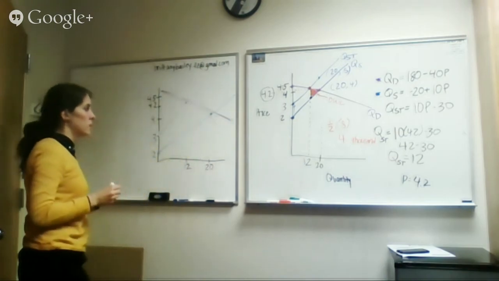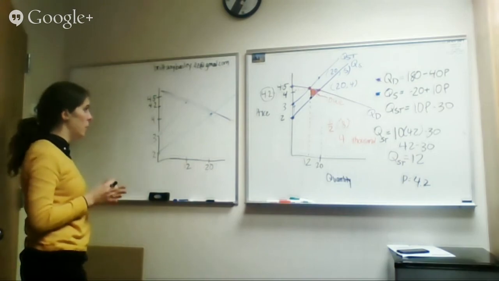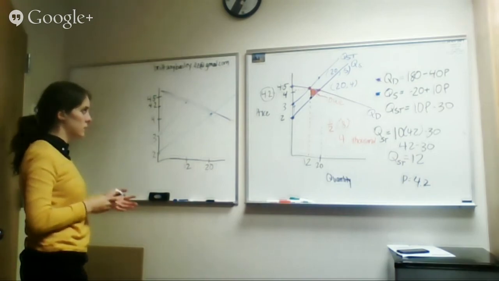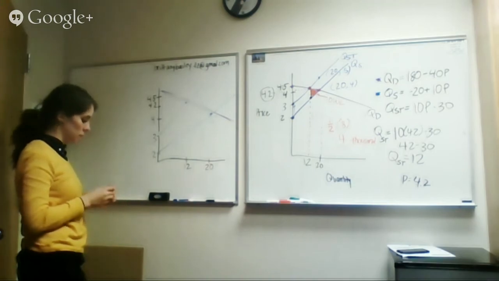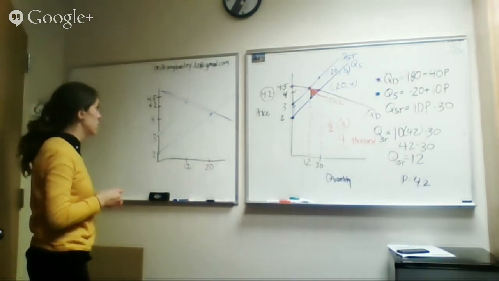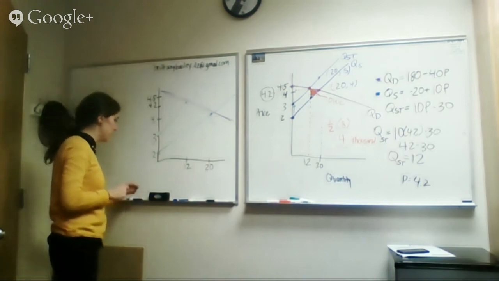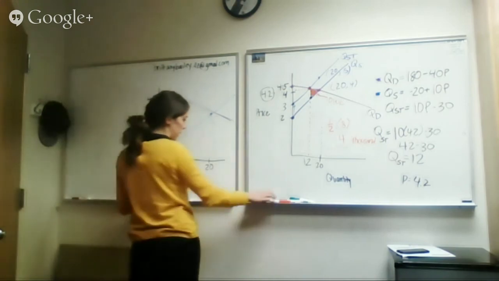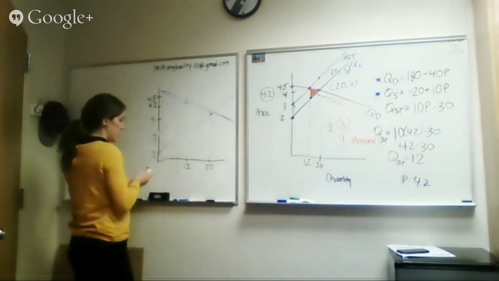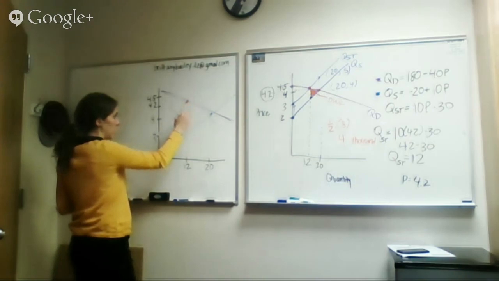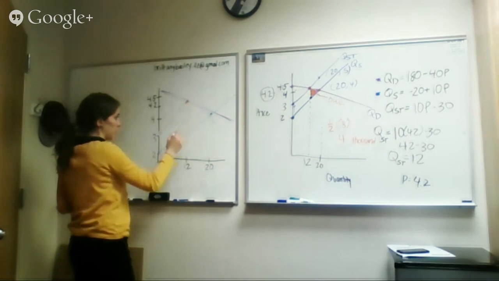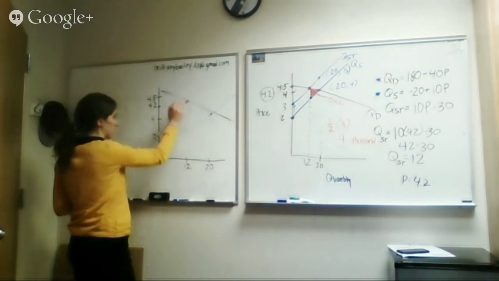Okay, so we want to know how much of this tax the producers are going to bear and how much of it the consumers are going to bear. So the price of the tax is represented by the area from the new equilibrium quantity times the difference between these two curves, which is $1.